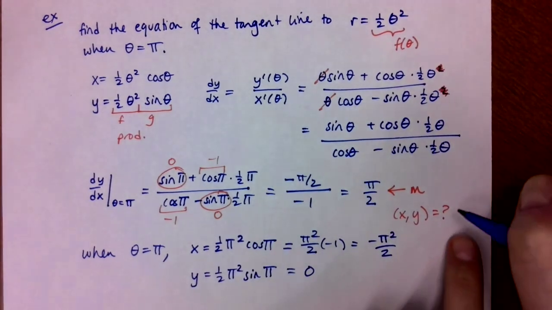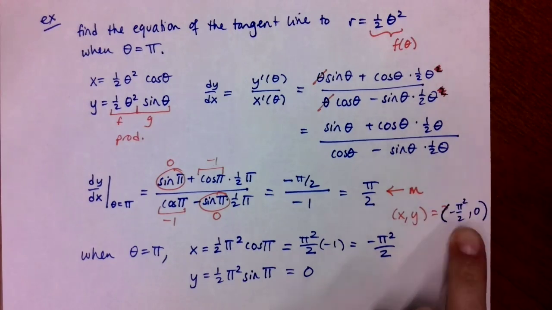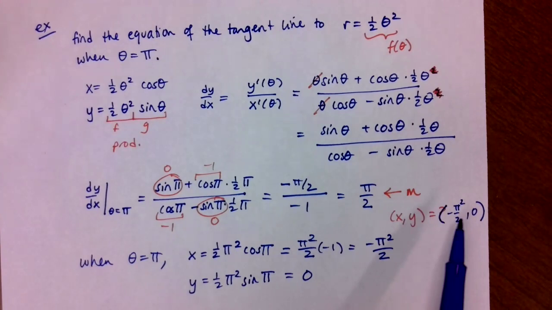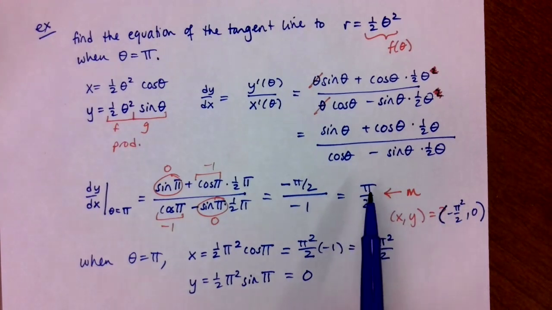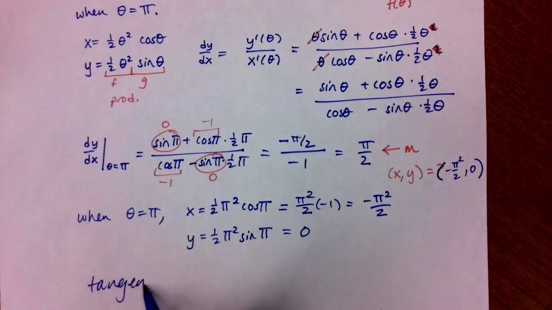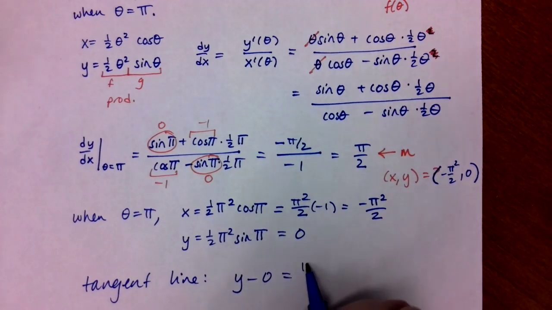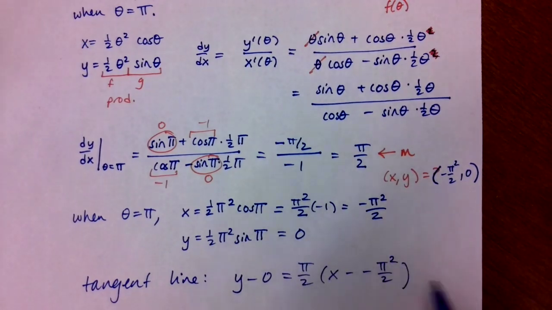So I can say x, y equals negative pi squared over 2 comma 0. And now I have the point on my line and the slope of my line. So altogether, the tangent line is y minus the y value equals slope times x minus the x value.